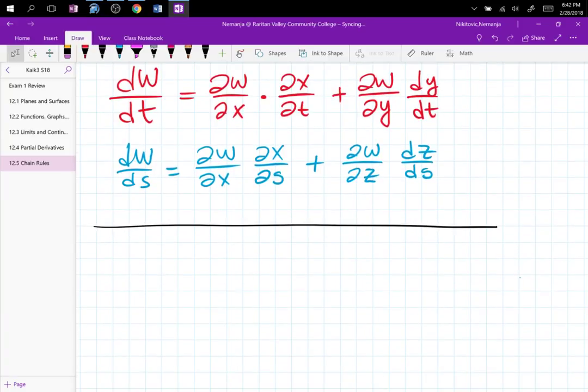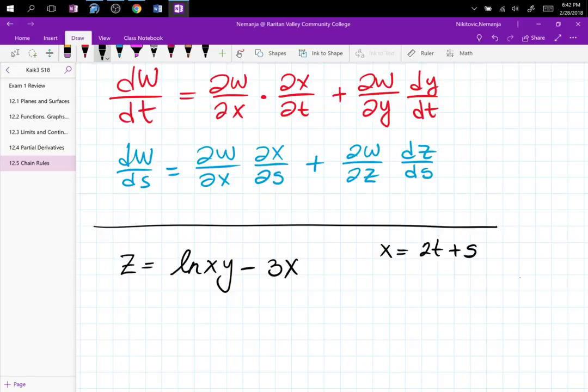Now, I'm going to give you a problem which we will have to consider. So let's say z equals ln xy minus 3x, where x is equal to 2t plus s, and y is equal to s squared.